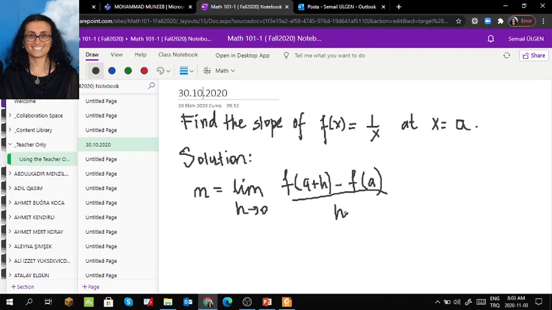We just write the formula for the limit, for the slope, limit of this quotient.